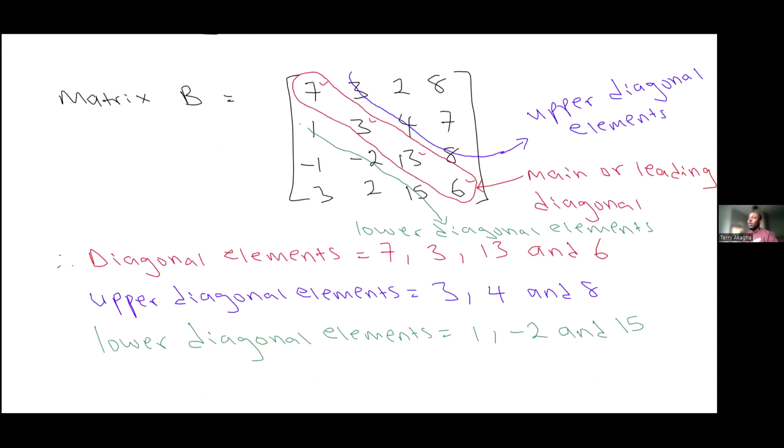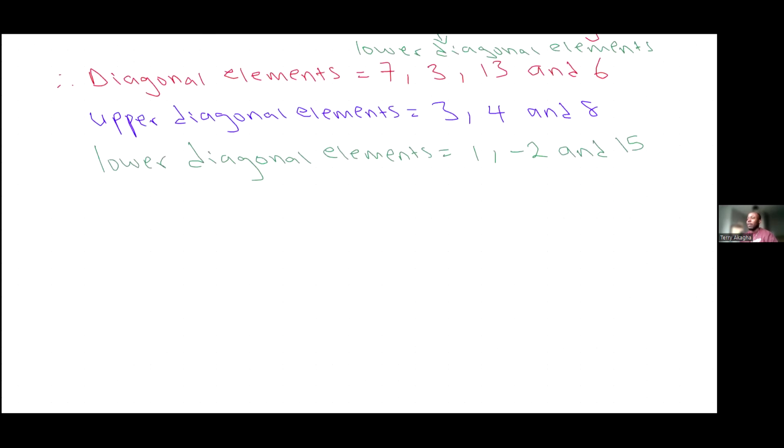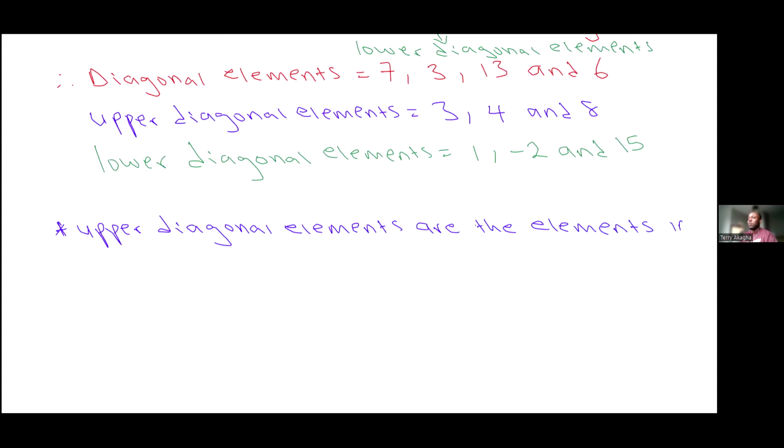So for those that are writing, the upper diagonal elements are the elements in the diagonal just above the leading diagonal.